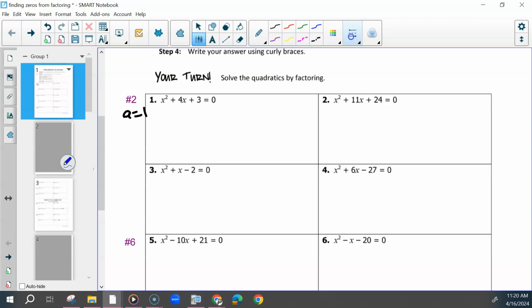So then with our a equals 1, we're looking for two numbers that multiply to be 3, but add to be 4. 3 and 1. So go ahead and write your two sets of factors, x plus 3 and x plus 1.